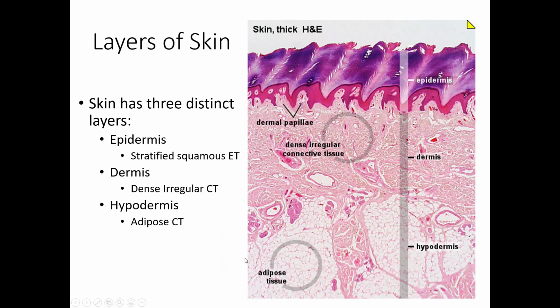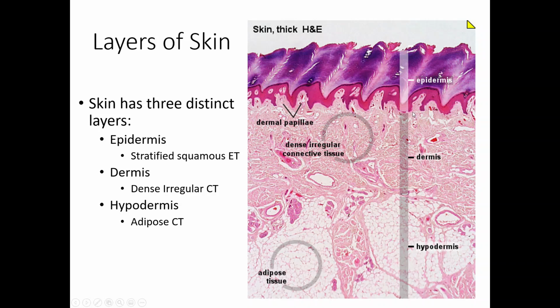All right, the layers of your skin. So you have three layers to your skin: epidermis, dermis, and hypodermis. Your epidermis is that stratified squamous epithelial tissue that we saw just a couple slides ago. All this purple layer way at the top would be the keratinization, and then you've got the pink stratified layer as well.